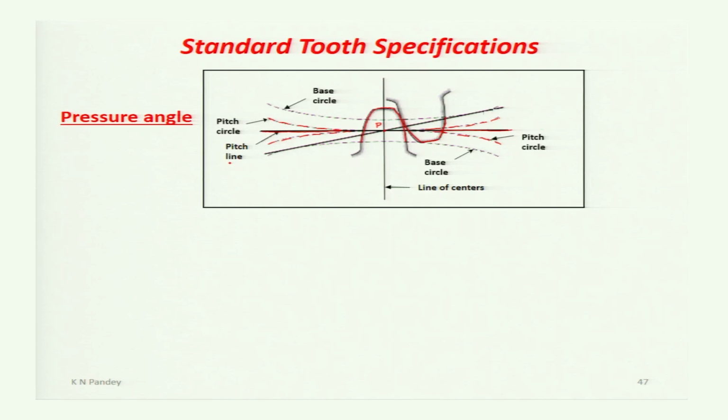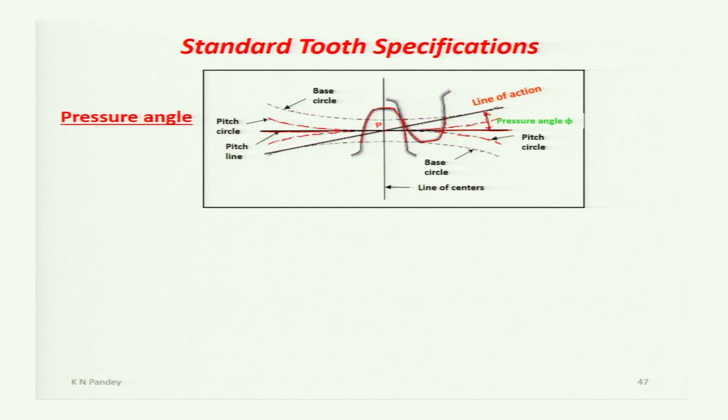And from the pitch point, if a line is drawn at an angle to the pitch line equal to the pressure angle phi, this angle is the pressure angle, which is represented by phi.